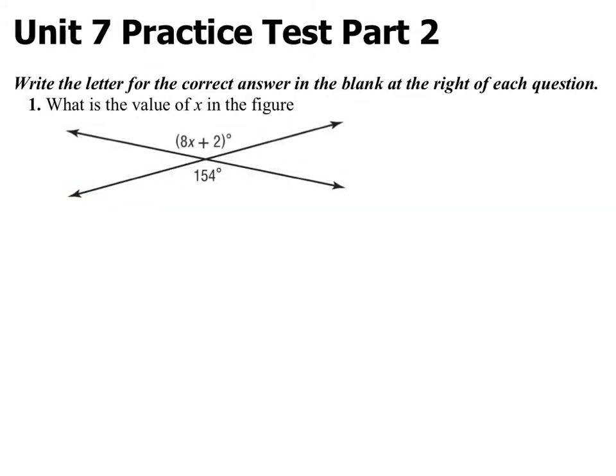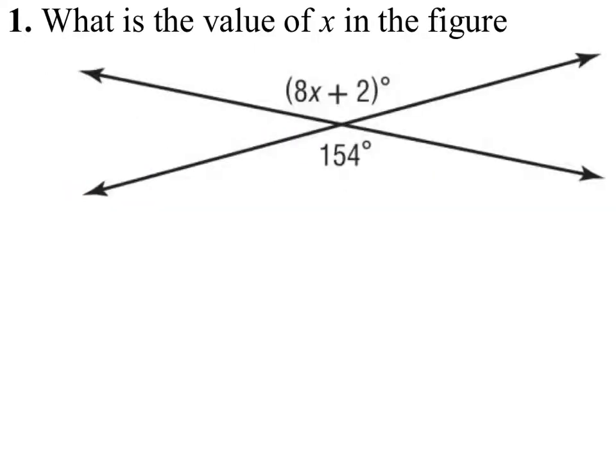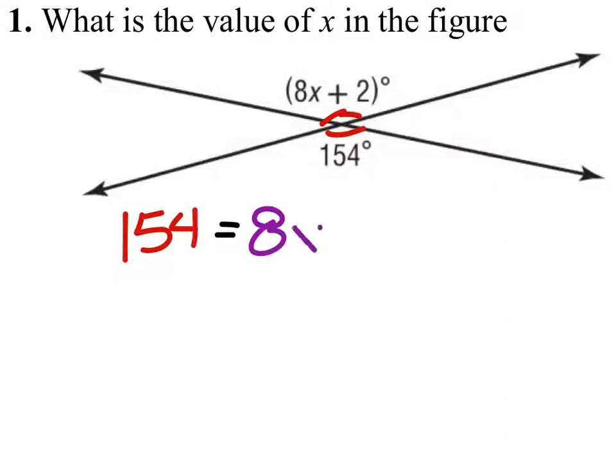What is the value of x in the figure? So one thing we need to know about these 2 angles is that they are not supplementary, they are not complementary, they are vertical. Which means that they are congruent or equivalent. So when I write the equation for this, I got 154 degrees, which would also equal the 8x plus 2.